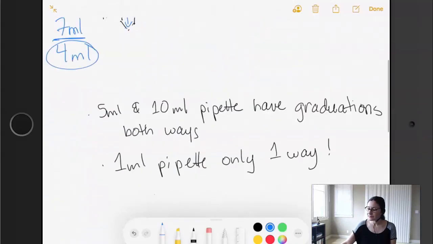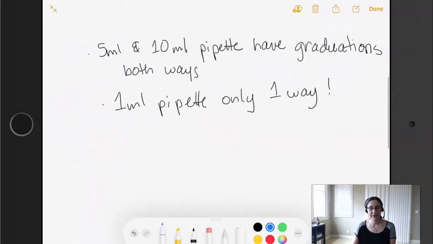Okay. As a reminder, your 5 ml and 10 ml pipettes have graduations listed both ways: the traditional way for using in a science research lab, and then the other way that sometimes students find a little bit more friendly. So in a 5 ml pipette, the graduations are listed as 4, 3, 2, 1, 0, as well as 1, 2, 3, 4, 5.